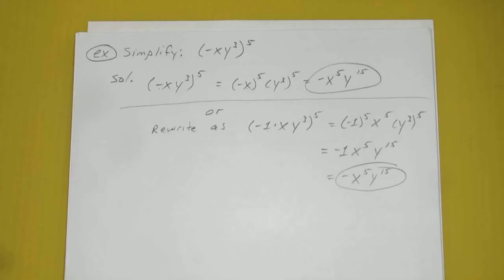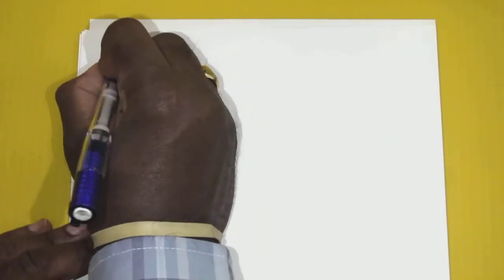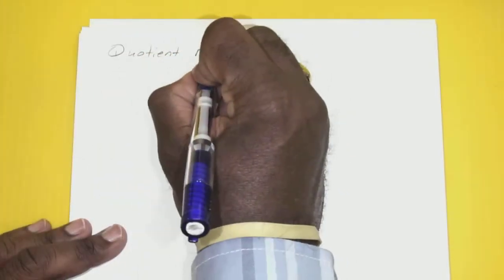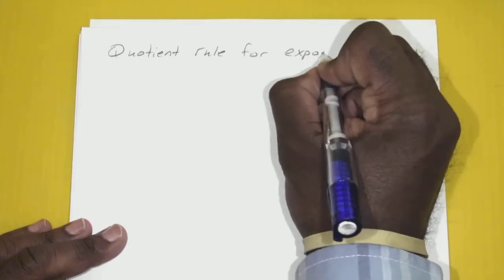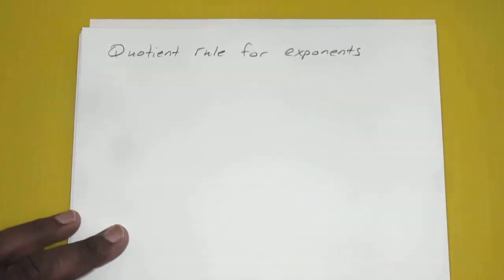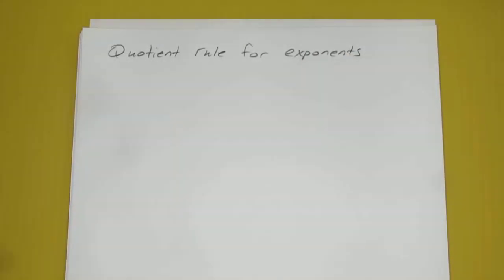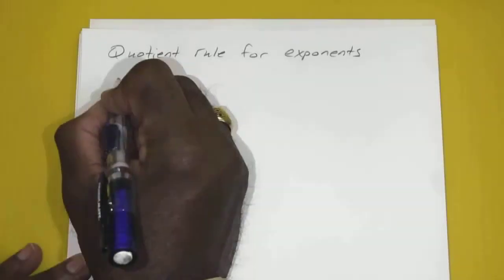Now we're going to look at the quotient rule for exponents. It's really just the division, the fraction version of the power rule or power of a product rule.